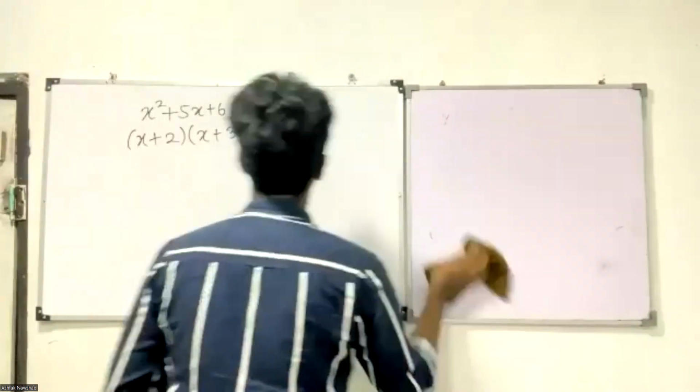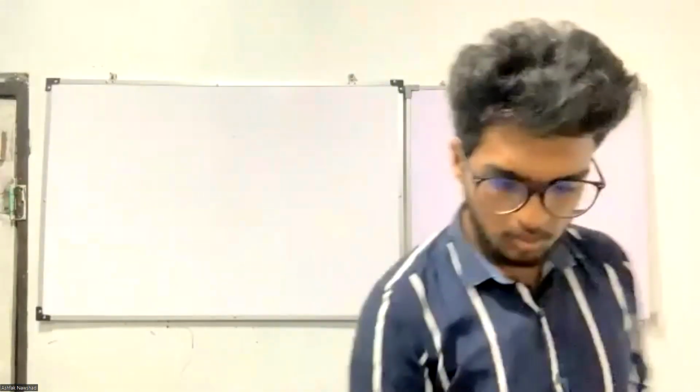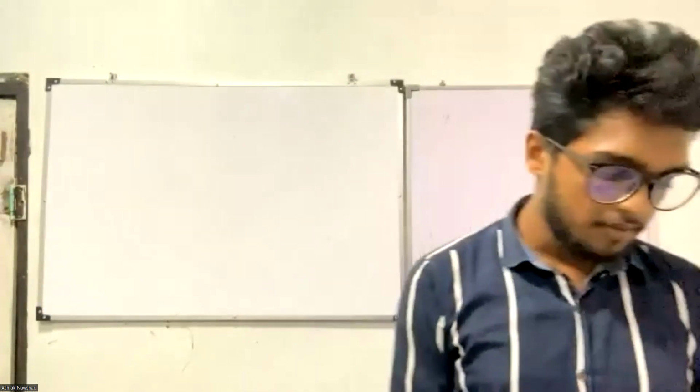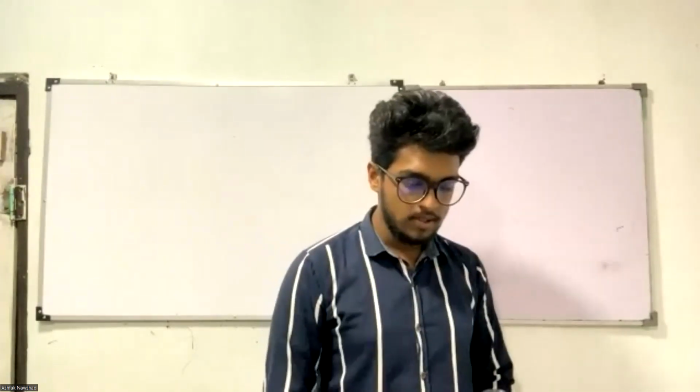Right, let's see. So in the tube, as I said, we are going to skip that first page, page number 3. We are going to skip A and B. You can try that at home and let me know the answer. We'll do a separate session for that.